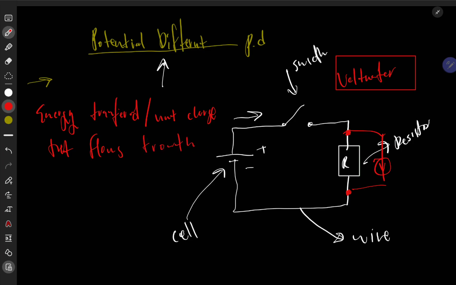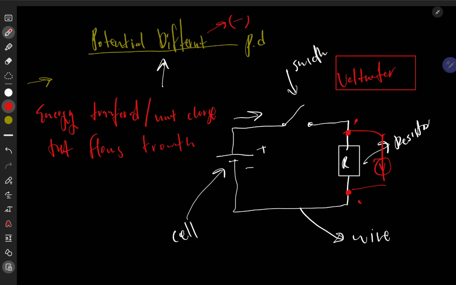So if there were charge here, whatever energy you need to push through, passing through the resistor, that's a potential difference. It's like you're measuring potential energy here and comparing it with the potential energy here. You know a difference in math is the answer that you get after subtracting. So you are comparing what is here and what is here. That's why I call it potential difference.